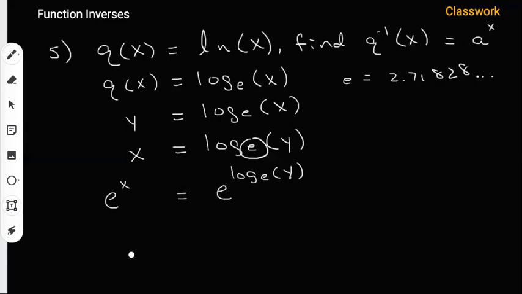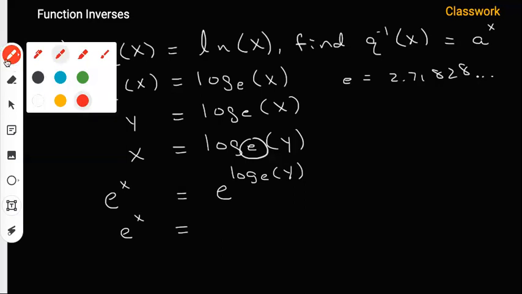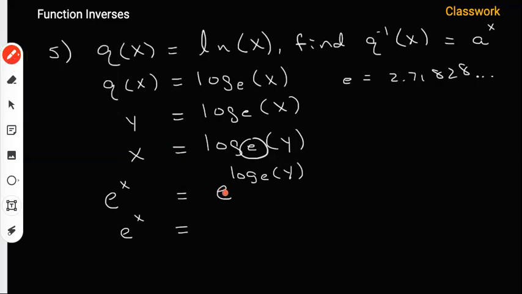Right? So what happens here on the left side? Pretty much nothing. It's going to stay the way it is, e to the x power. But what happens on the right side? Well, the bases, the e's, are going to cancel each other out, right? So the e gets crossed off for the exponential expression, and the log base e gets canceled out because it's a logarithmic expression. And I'm only left with y.